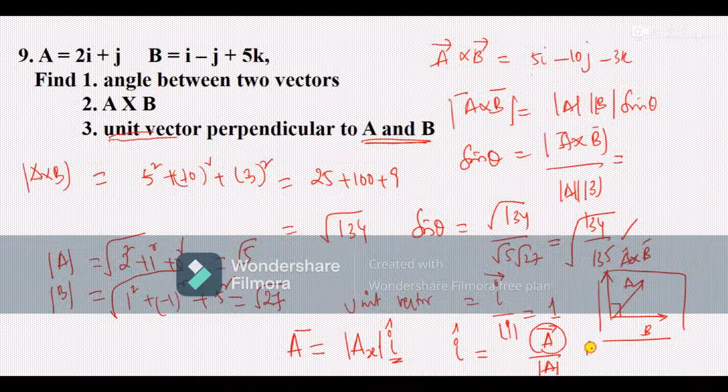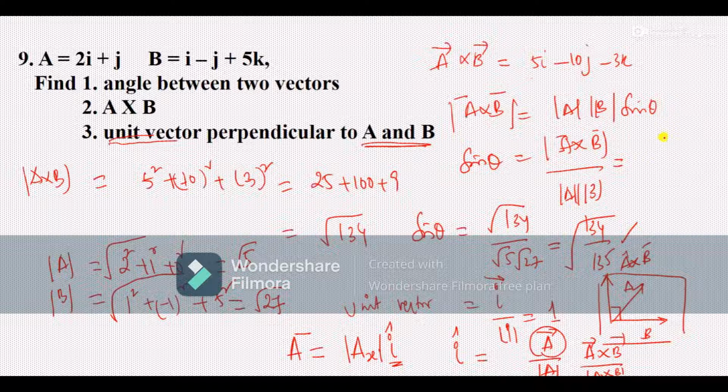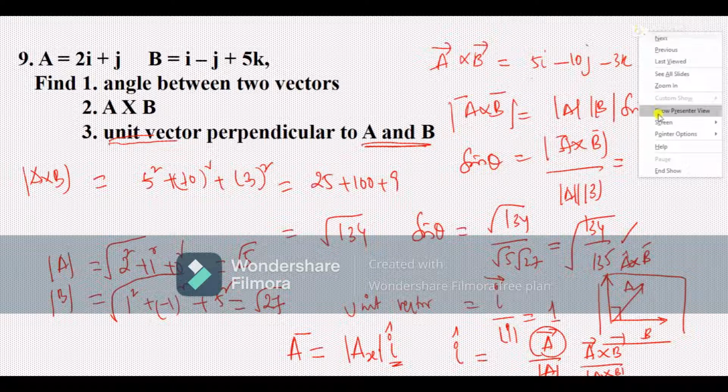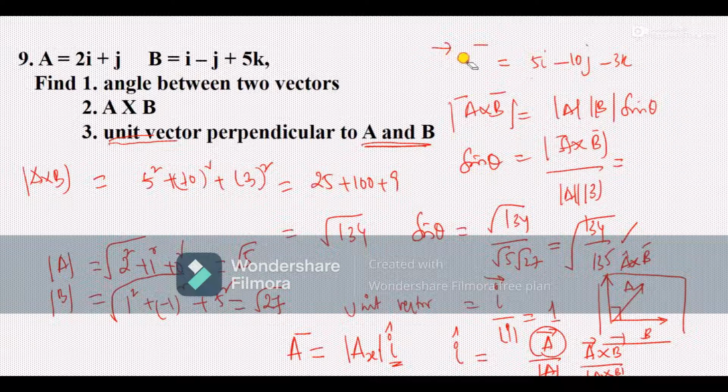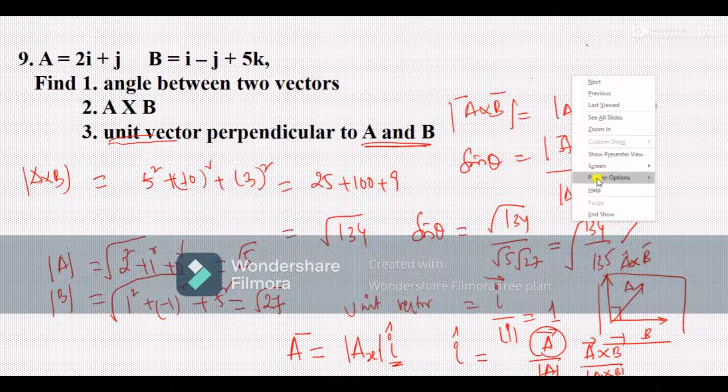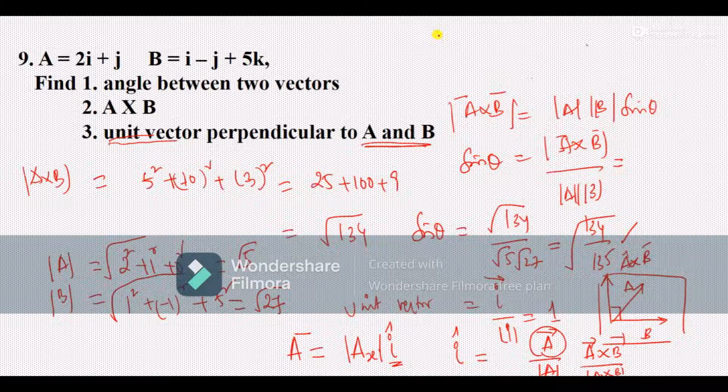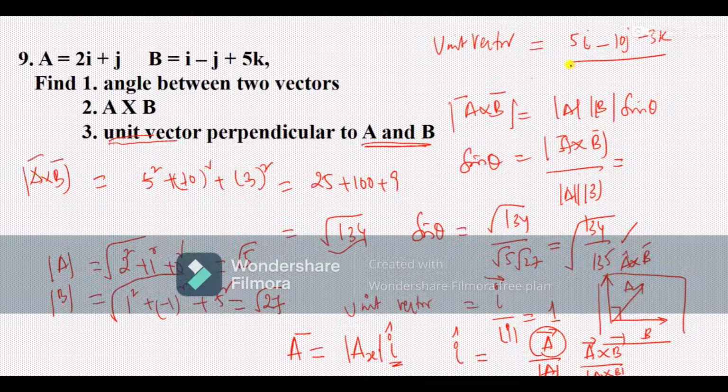So we have to find a unit vector in the direction of A cross B. Using this formula, the numerator is the vector A cross B and the denominator is its magnitude. As the formula shows, i is equal to the A vector divided by the magnitude of A. Similarly, the unit vector perpendicular to A and B is the vector A cross B divided by its magnitude.